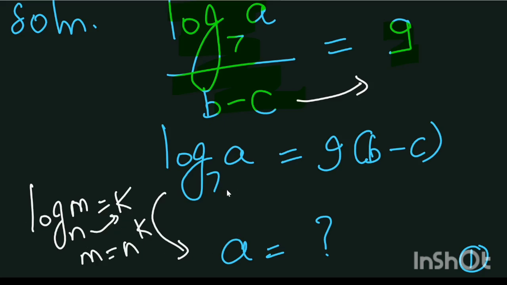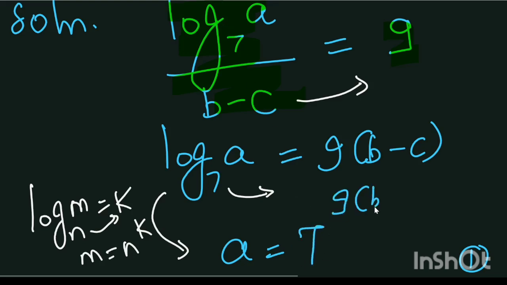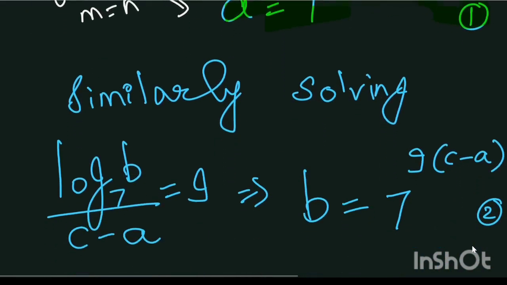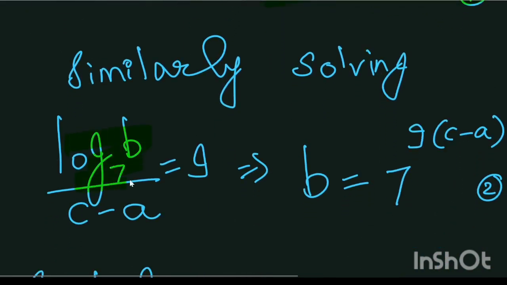Similarly 7 will come out, it will push 9 times b minus c up. So we would be left with 7 to the power 9 times b minus c. Let's say, guys, this is the first result. Similarly, we will take the second equation, log b base 7 by c minus a equals 9.